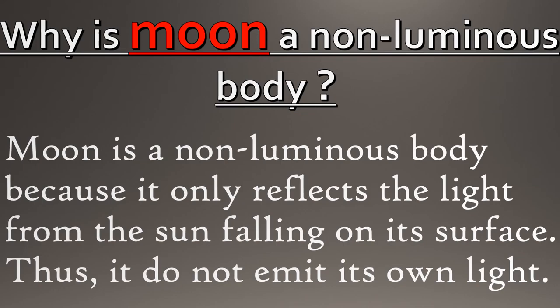And students, we are aware that the objects which do not have their own light are termed as non-luminous. It doesn't matter if they are naturally occurring sources or are made by man.